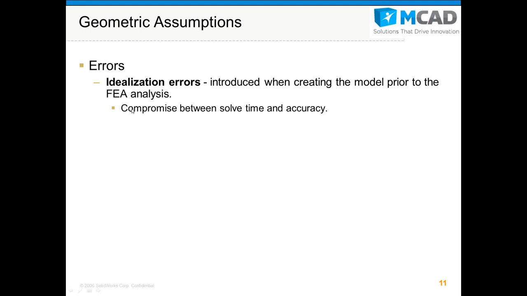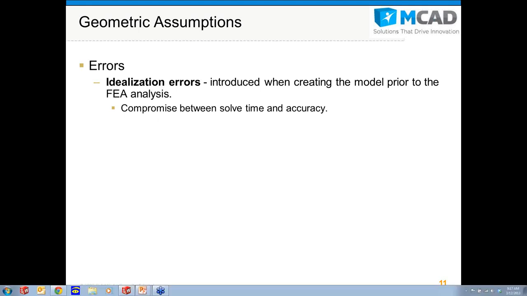Other things like sharp corners, you're going to have stress risers in those corners, and you're going to have an unrealistic stress within that area. So these kinds of things can lead to some inaccuracies in your analysis. But as long as you are prepared for that and understanding of that, you can get some very accurate analysis from this.